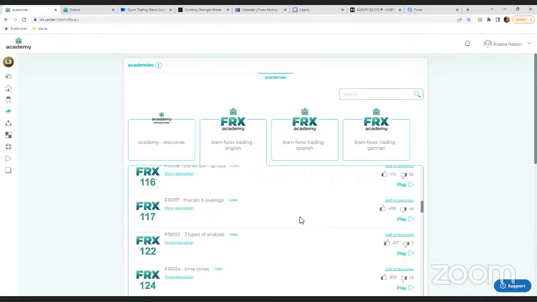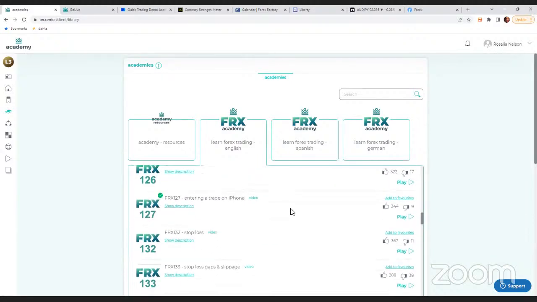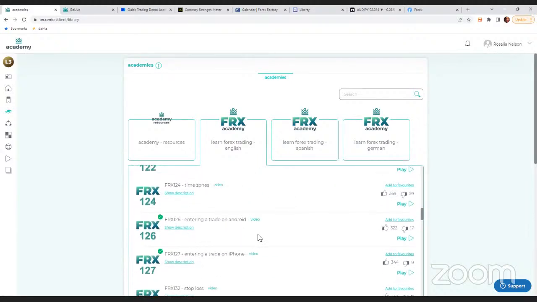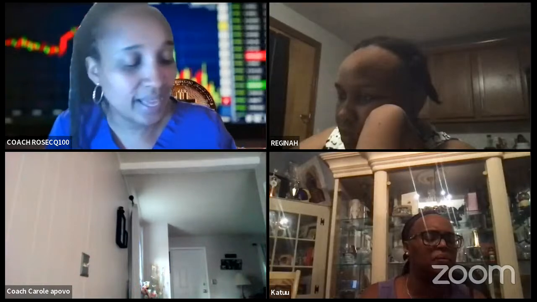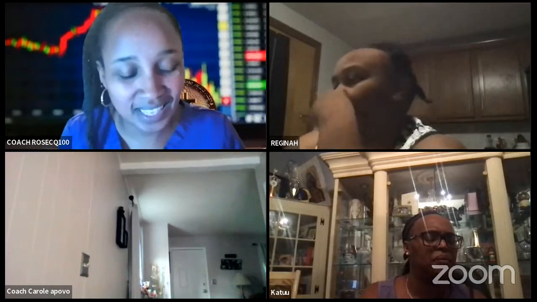This will be very helpful if you're using MetaTrader 4. It also talks about entering trades on Android phones and on iPhones, for all of the guys who have those kinds of phones. And then once you're done with FRX, you can do your DCX and start learning some new skills with the digital currency.